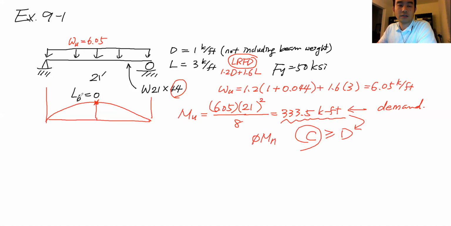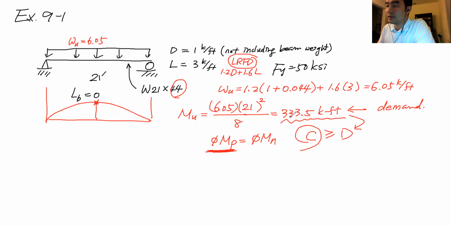In this case, I said the unsupported length is going to be 0, so Mn is going to be equal to Mp, right? So phi times Mp is going to be our capacity. If I can show that this phi times Mp, the capacity, is larger or equal to this 333.5 kip-feet, then this section is good to support this load.